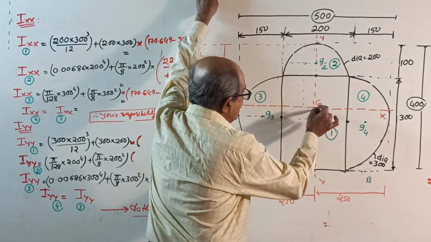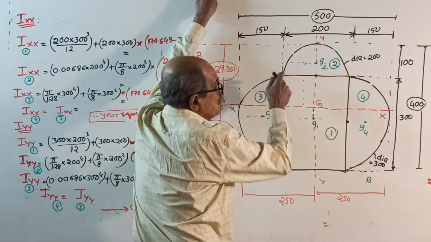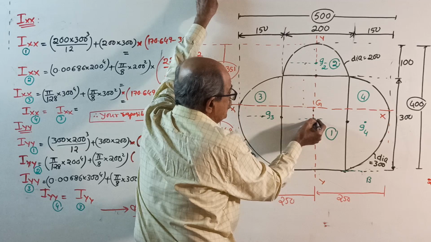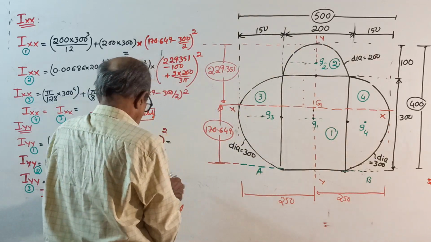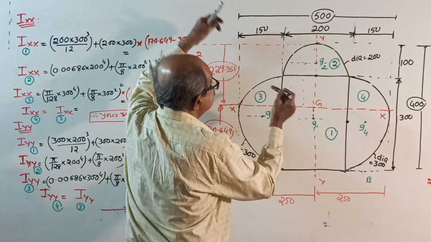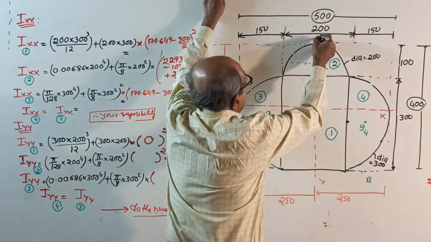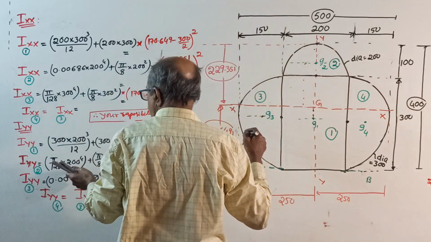Start. I about its own centroidal axis: 300 into 200 cube by 12, plus area into, the centroid G1 lies on YY, therefore into 0 squared. For 2, I about its own centroidal axis: pi by 128 diameter power 4.